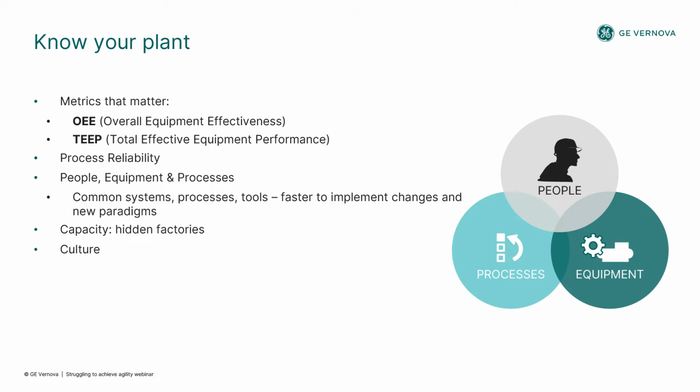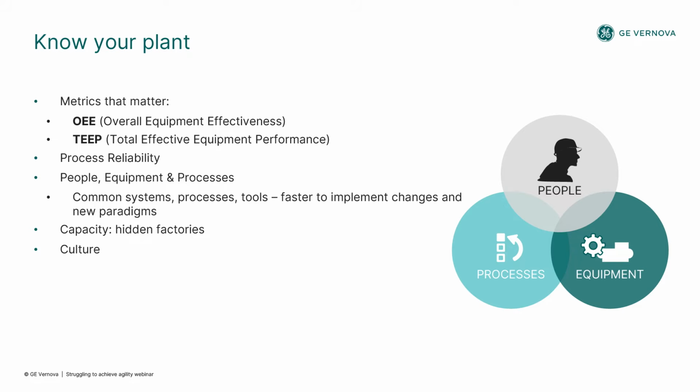A common metric that people use is overall equipment effectiveness, or OEE. Another one very similar is total effective equipment performance. Process reliability is really about understanding the processes that you use and tracking the data to understand whether those processes are actually being used properly and are reliable enough to trust.